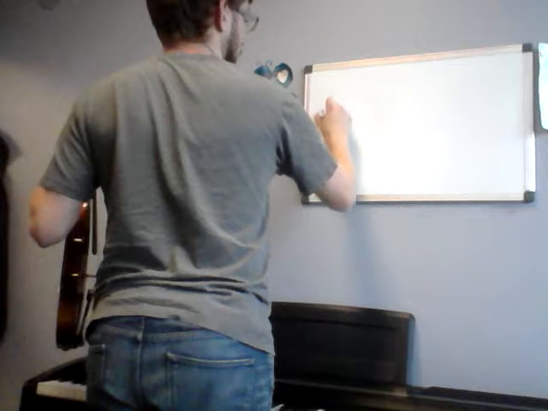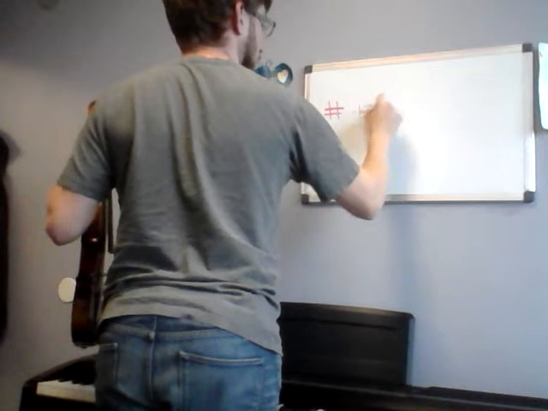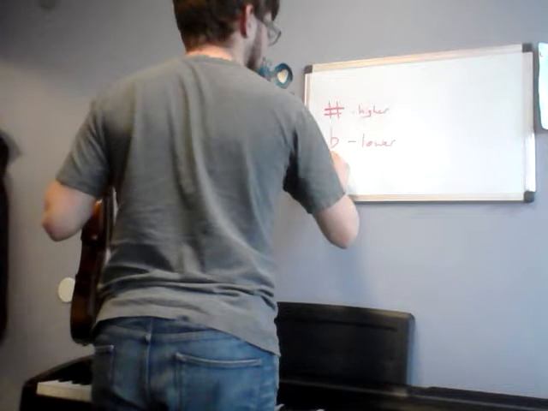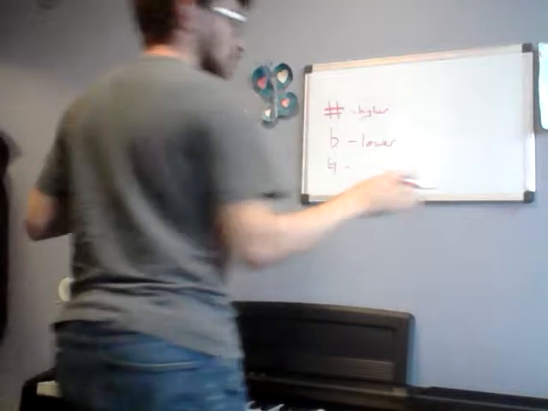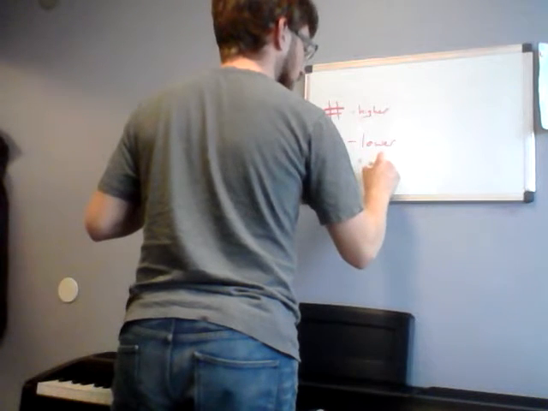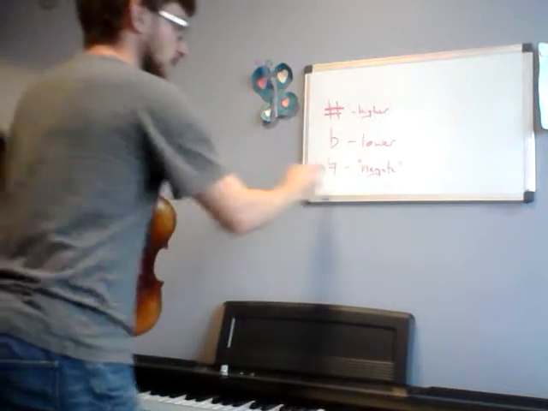You have 3 accidentals: sharps, which are higher, flats, which are lower, and naturals, which, the easiest way we can think of them, negate the previous effect. So naturals return to whatever was there before. So sharps will always raise, flats will always lower, and naturals will go in either direction depending on which one came first.